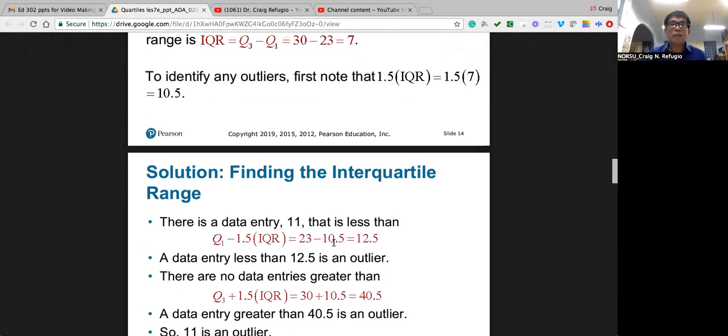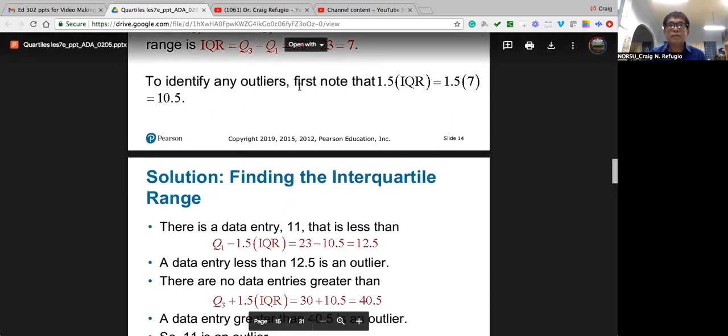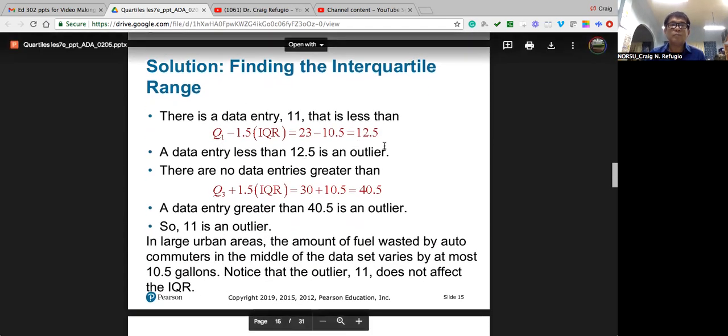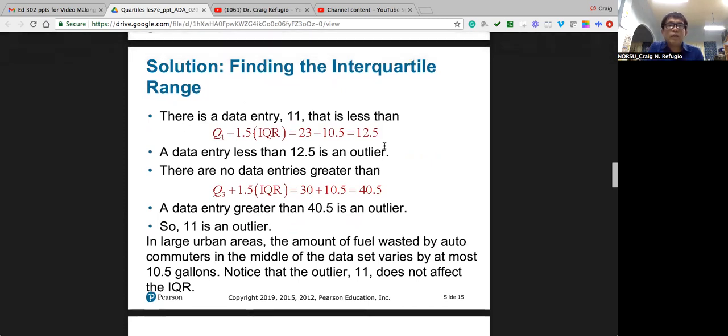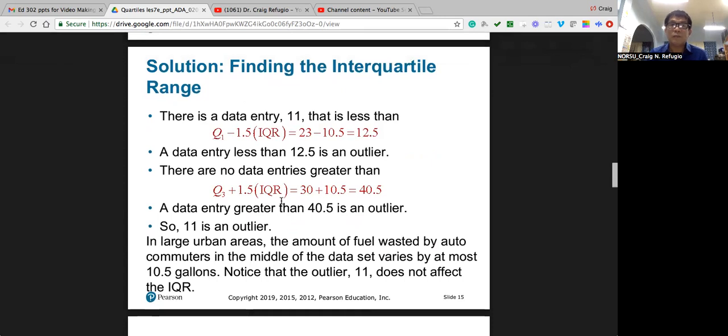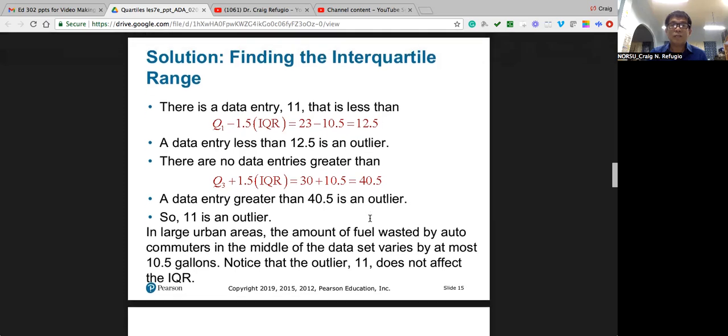For Q3 plus 1.5 times IQR, that is 30 plus 10.5, so we have 40.5. Any data entry greater than 40.5 is also an outlier.